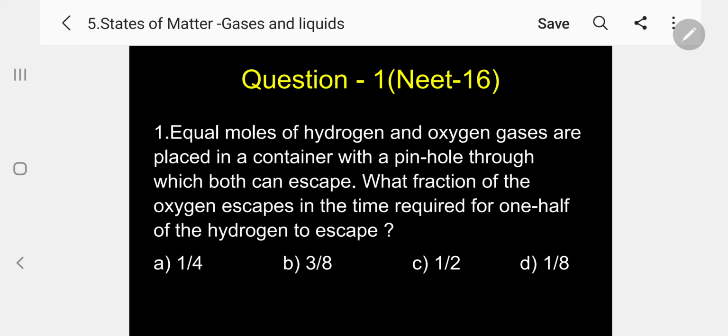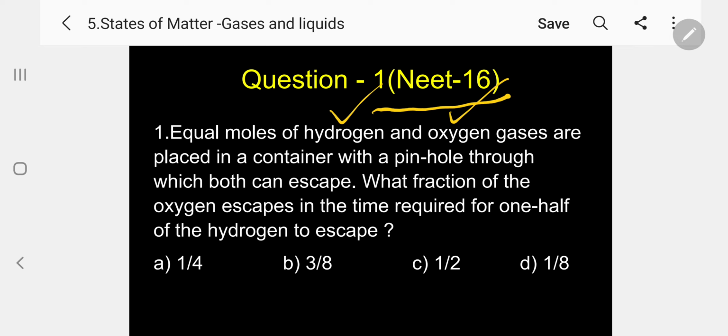So let me explain now, one by one, the questions asked under this unit. The first question was asked in 2016 under the NEET.